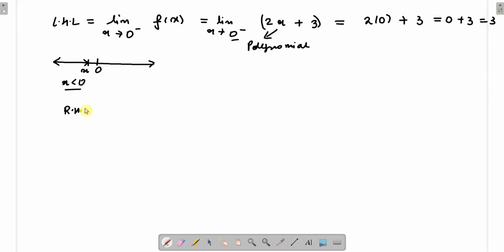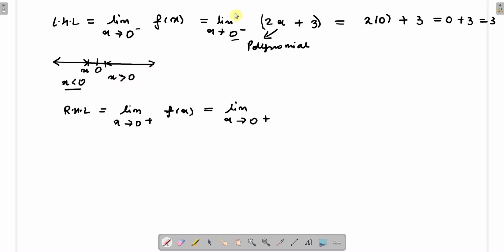Now we will calculate the right hand limit. This will be equal to limit x tends to 0 plus of f(x). Since x is tending to 0 plus, that means x is tending to 0 from the right hand side, which means x is greater than 0.